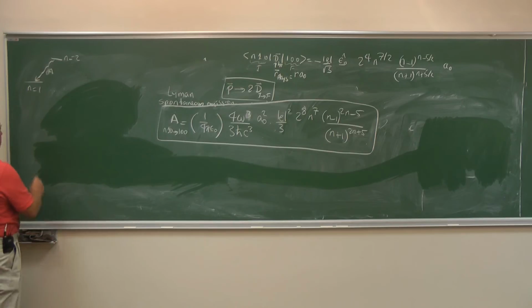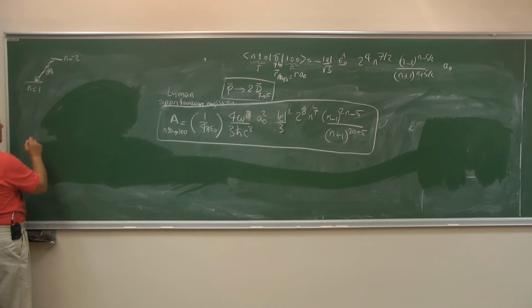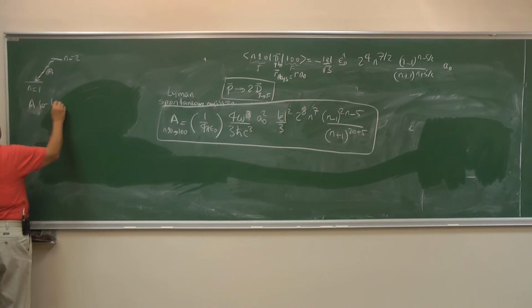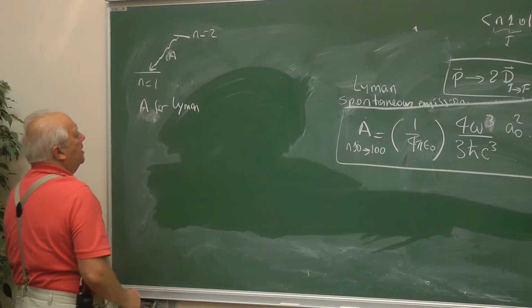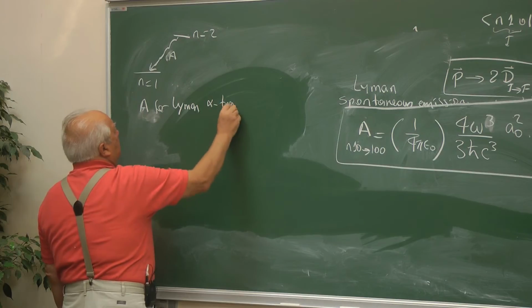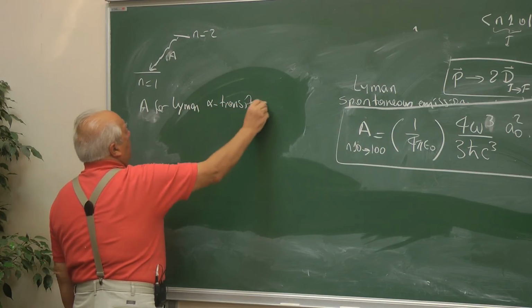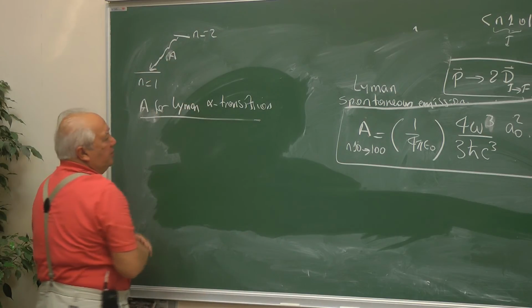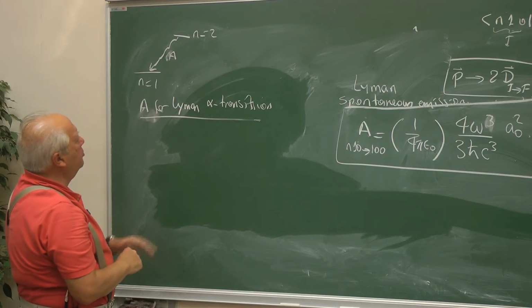Okay, so let us estimate A for the Lyman alpha transition. We mean this. We will compute that. So n equals 2.